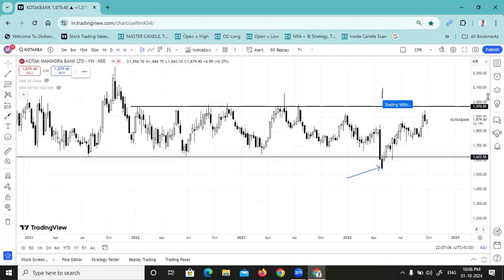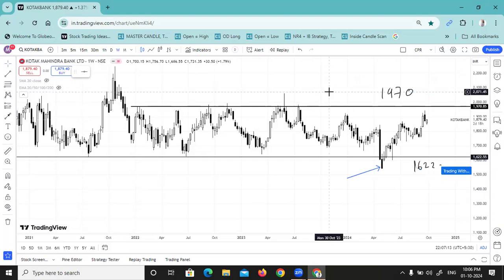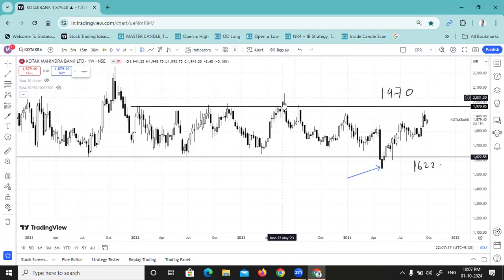So since 2021, Kotak Bank has not been able to go above 1970 and below 1622. Now look at this candle high. Here it tried to break out, but again you can see on Friday price closed below 1970. In this week look at the high.